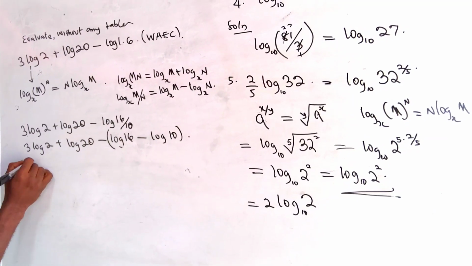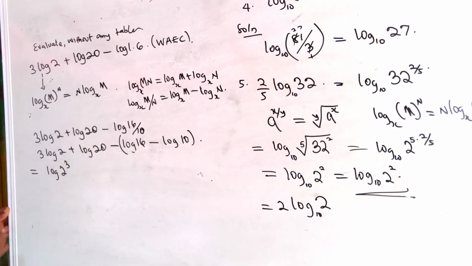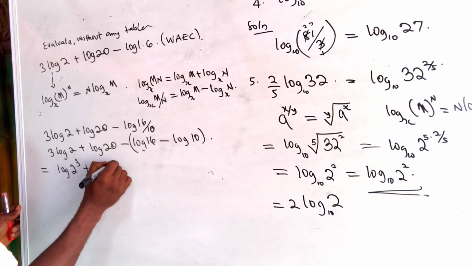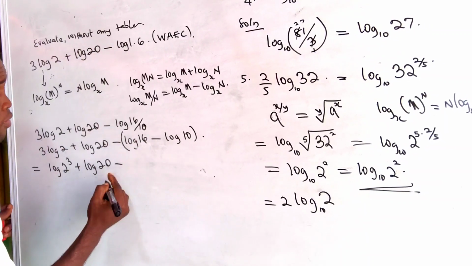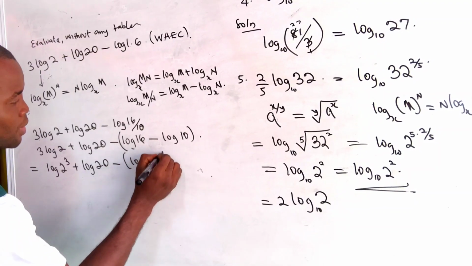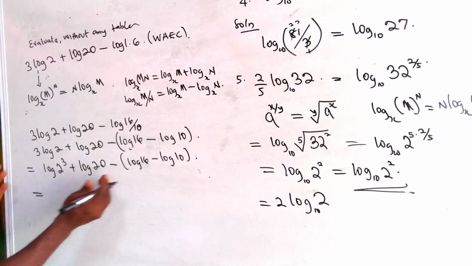So when we write this, you have log 2 raised to power 3 plus log 20 minus, let's still keep this before we make it more elaborate, log 1/6 minus log 10. So what you do now, bring everything together.